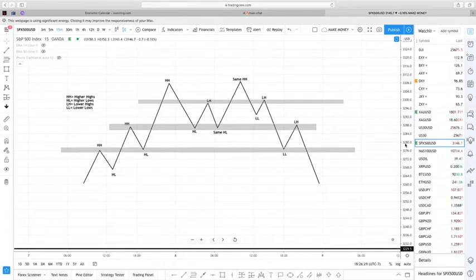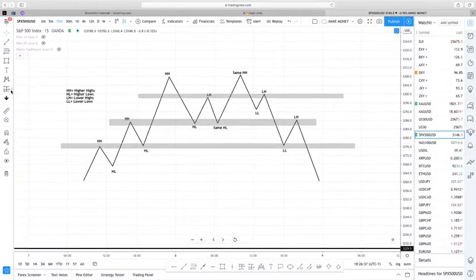You can see when you incorporate this type of structure and you know how market structure moves, then you can better be able to place your trades with confidence. Okay. And like I said before, it's not 100%. It's not going to move like this all of the time.